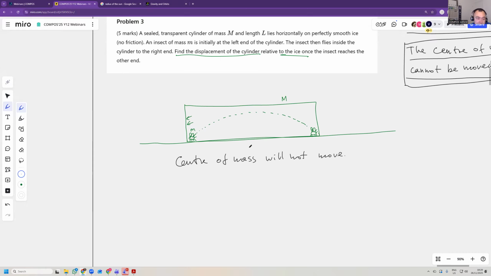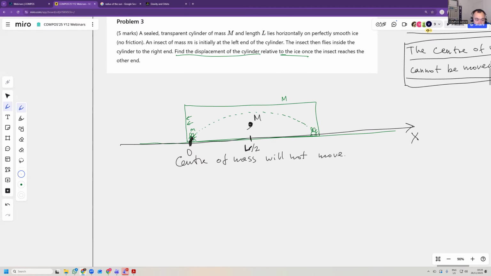Okay, so let's find that center of mass. The center of mass of the can is obviously here. That's the can. And the center of mass of the fly is here, where the fly is. All right. So if we draw the x-axis, let's put the fly at position 0, and the center of the can is going to be L over 2.